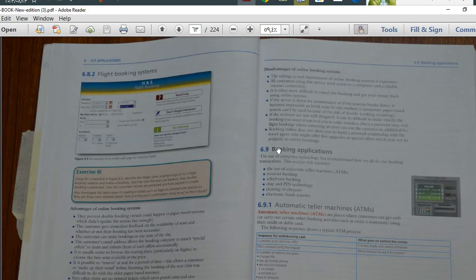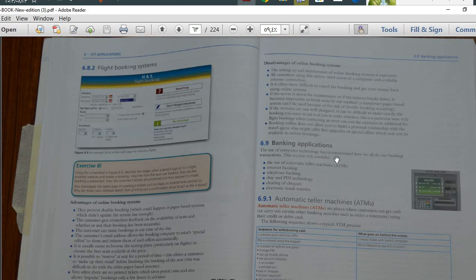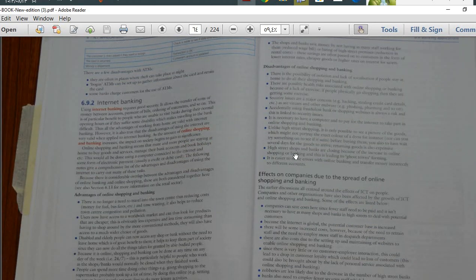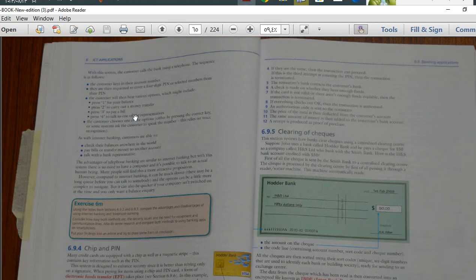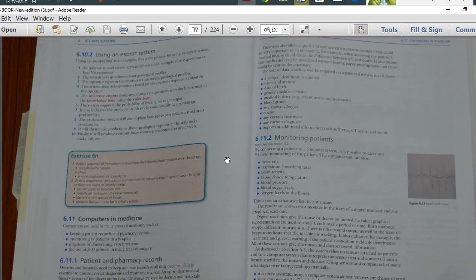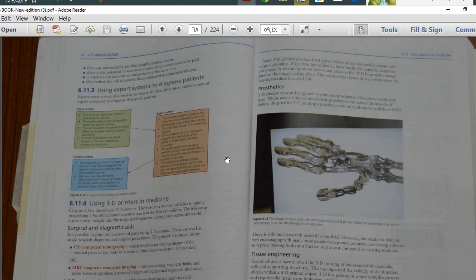All of these applications we will use in our life. It is dependent on the ICT courses. Banking applications, internet banking, clearing of checks. All of these we will talk about.